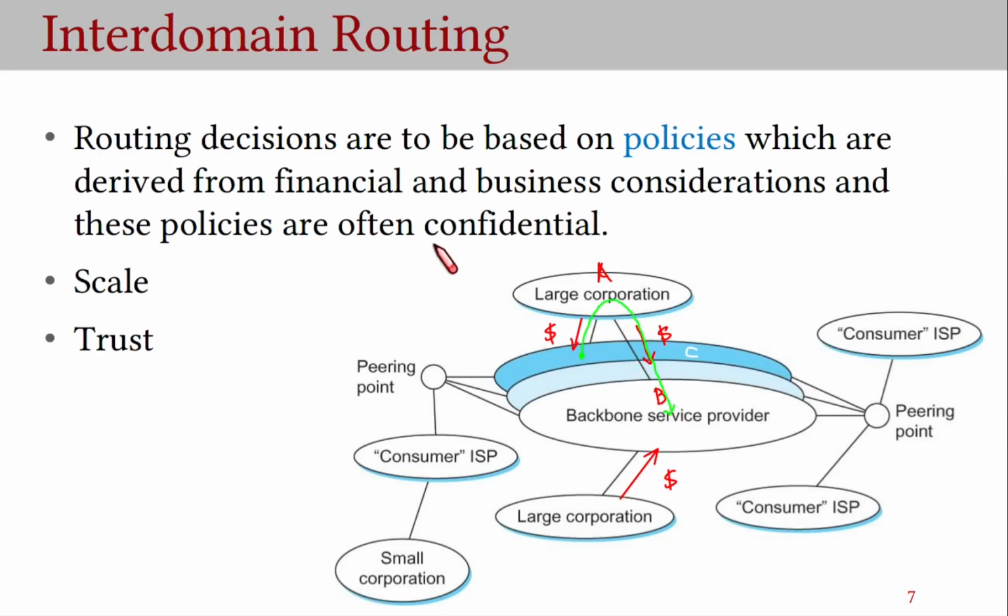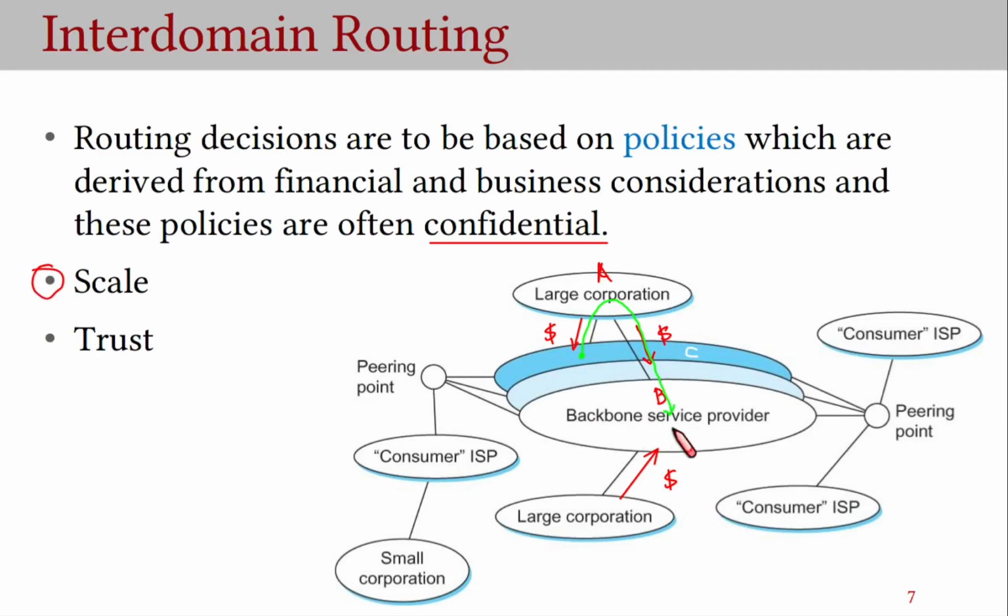The issue of confidentiality arises because these service providers are competitors of each other. B is a competitor of C, and these ISPs here may be competitors of each other. Then the second issue is of scale.